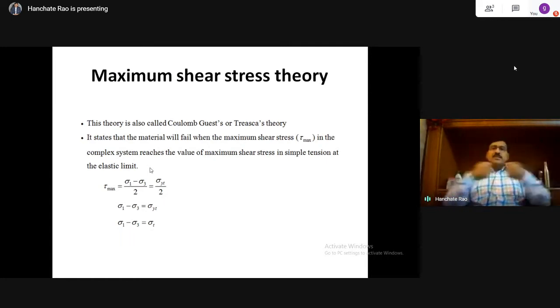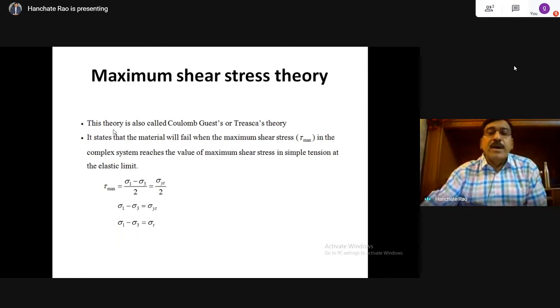In uniaxial stress, the shear stress is half of the normal stress. So the maximum shear stress is sigma yt by 2. Whereas the maximum shear stress due to principal stresses is (sigma 1 minus sigma 3) by 2: major principal stress minus minor principal stress, half of that.